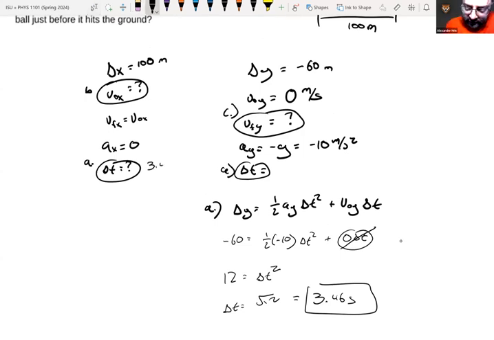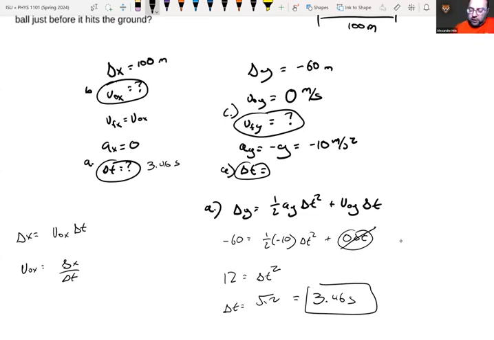So 3.46 seconds. The idea here is that delta x is just equal to v naught x delta t. Remembering that delta x acceleration equation, because the acceleration is 0, that first term vanishes. So v naught x is just delta x over delta t.